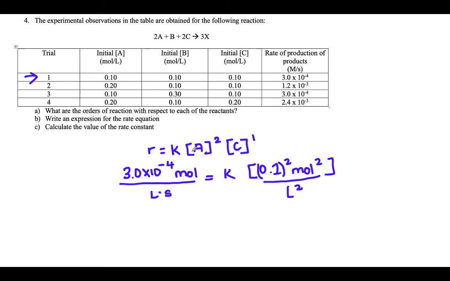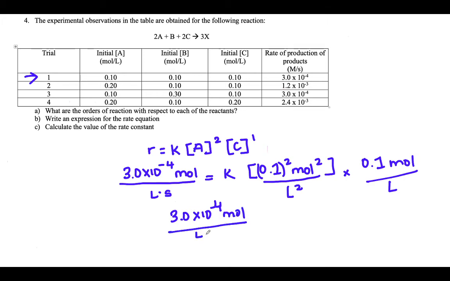Times 0.1 moles per liter. Now, since these are multiplied, I can simplify this. So 3.0 times 10 to the negative 4 moles per liter times second is equal to K.